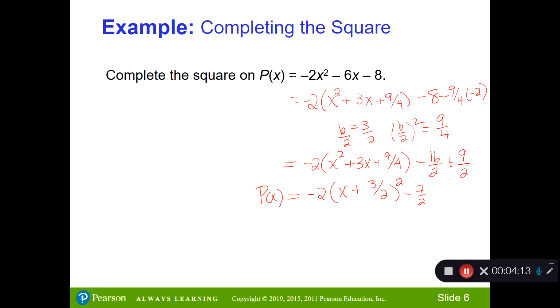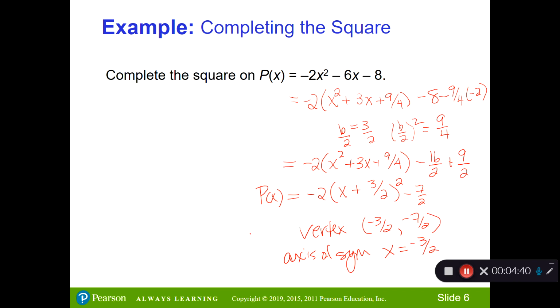Over here, my vertex for this one would be, change the sign here, so -3/2. Keep the sign here, so -7/2. And the axis of symmetry would be the vertical line x equals the x-coordinate of the vertex.